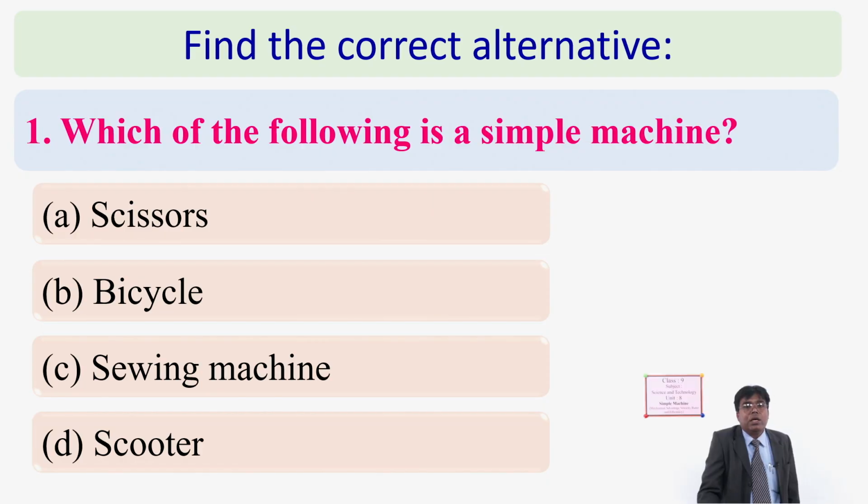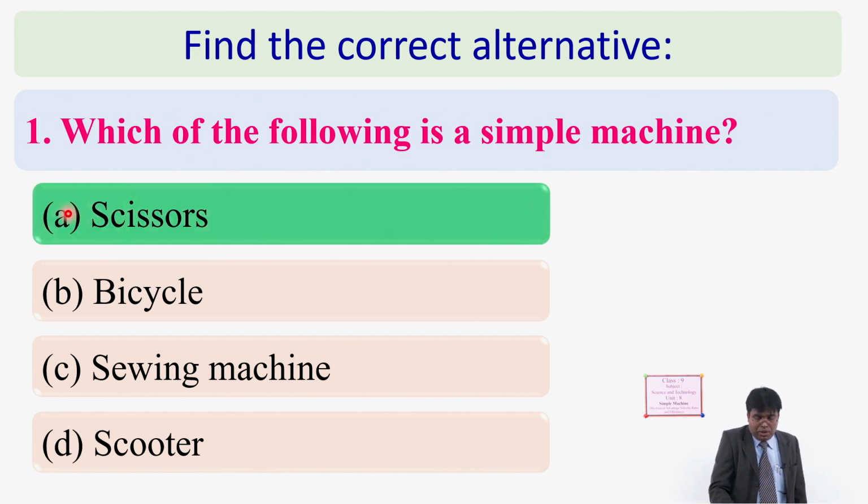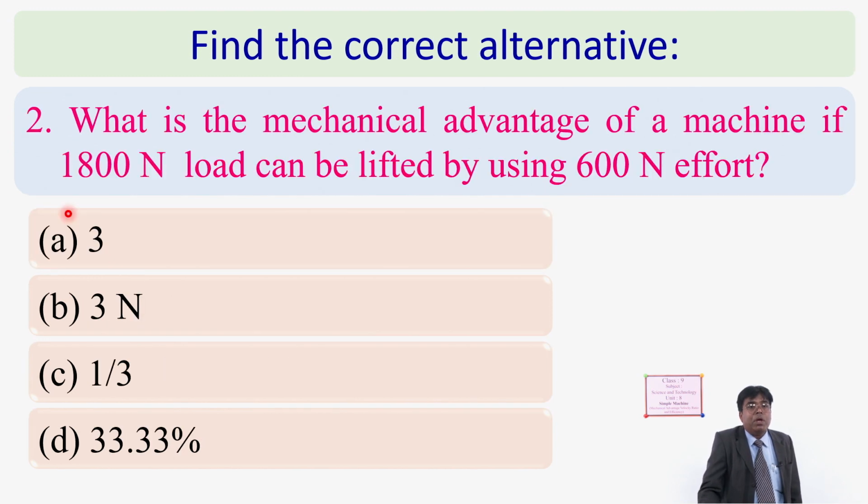So find the correct alternatives. Which of the following is a simple machine? Scissor, bicycle, sewing machine, or scooter? Which one? Do you have any guess? Yes, scissor. Okay, the next question.